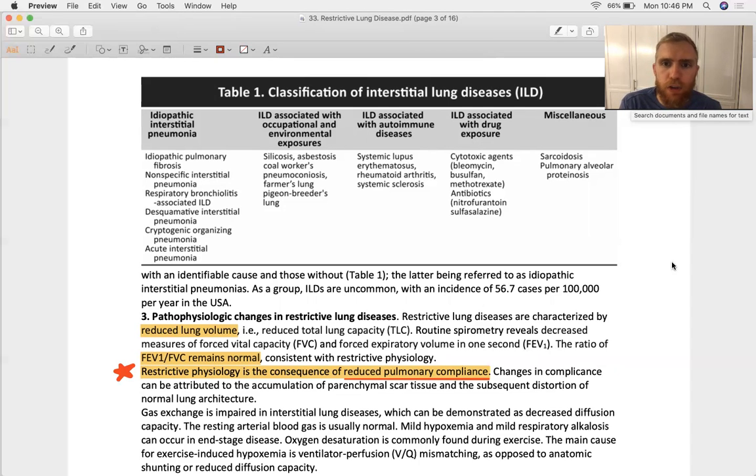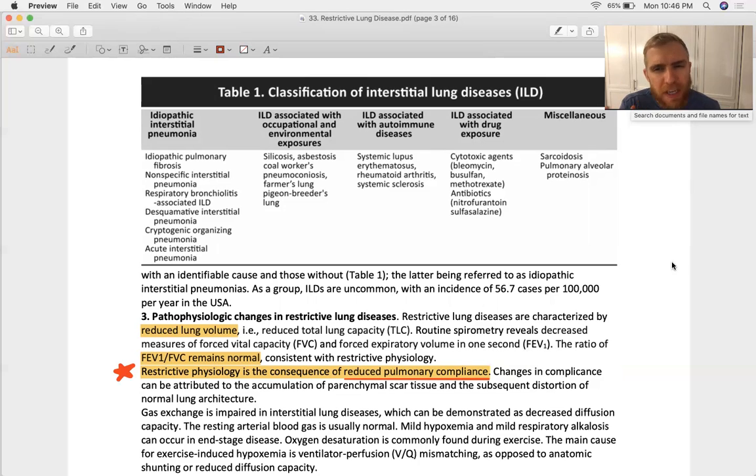And then we have interstitial lung disease secondary to larger systemic autoimmune diseases such as lupus and RA, rheumatoid arthritis, and systemic sclerosis. We have interstitial lung disease associated with drug exposure, a lot of chemotherapeutics, and even a couple of antibiotics. And then sarcoidosis is often a category of its own.